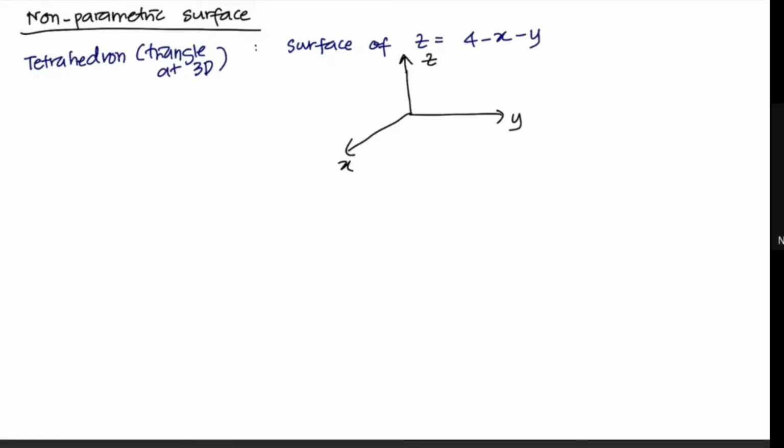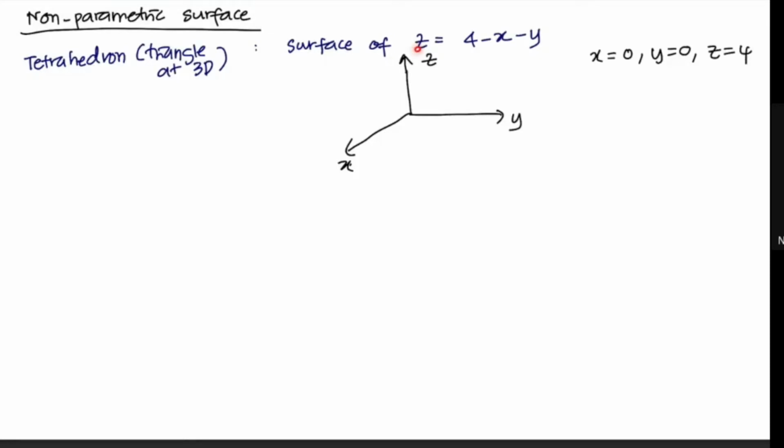To draw tetrahedron, first you assume x equal to 0, y equal to 0, and you will get z equal to 4.